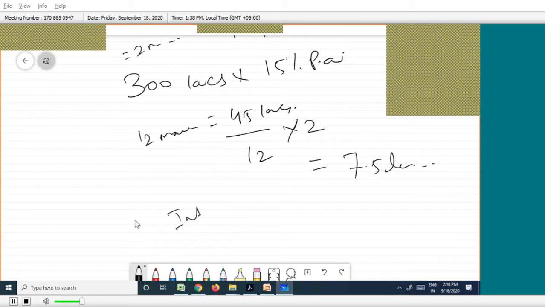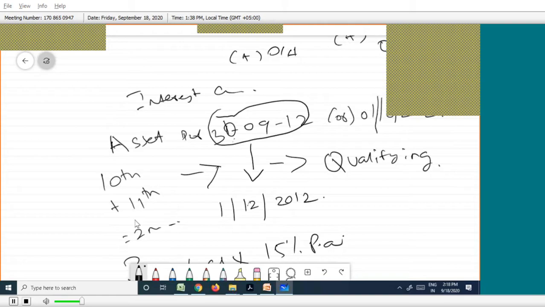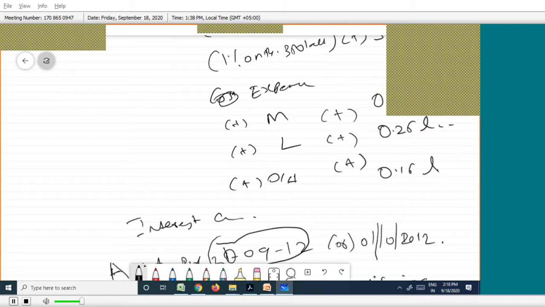This interest portion paid should be added to the cost of the asset, because this interest was paid during the period the asset was getting ready for use, the qualifying time. Whatever interest is paid after this period should not be capitalized.